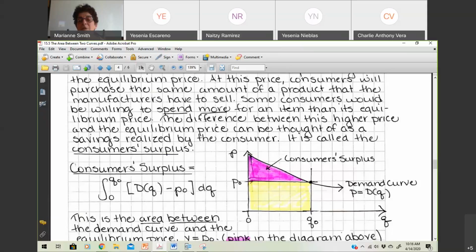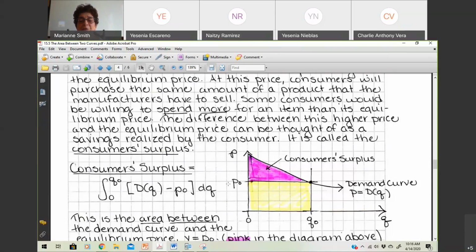So for example, let's say here's the market price of a piece of technology like a smartwatch, okay? Maybe I really, really like this smartwatch and I'd be willing to pay more for it than the market price. But the fact that it's being offered at market price means I realize the savings, right, of what I would have spent on it had the price been higher.